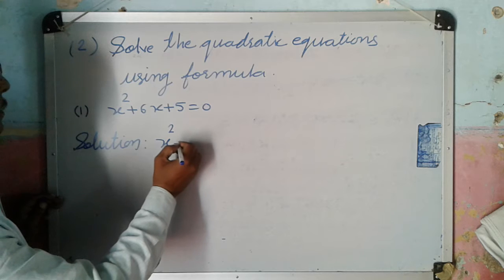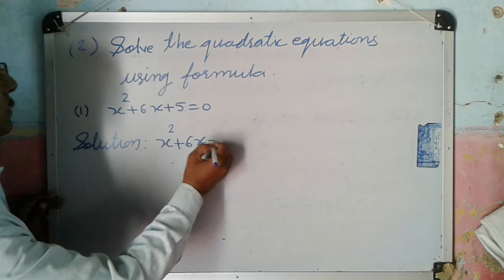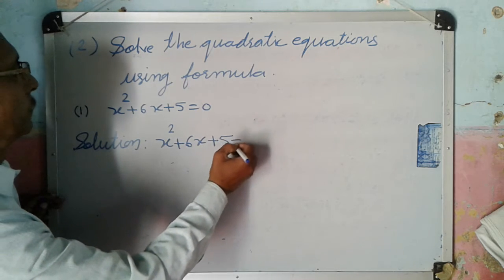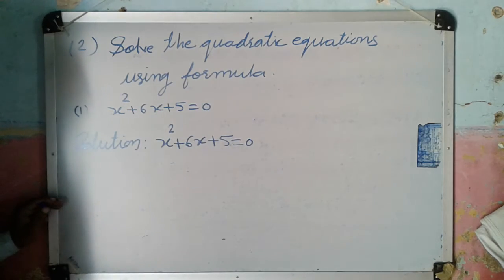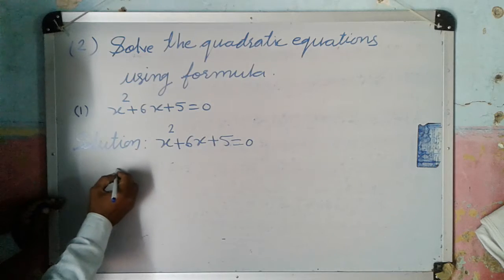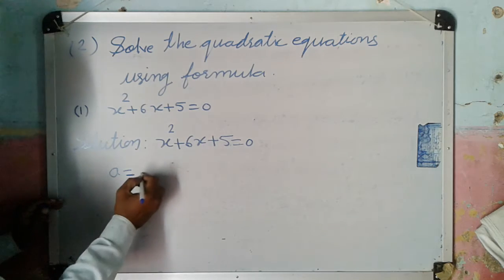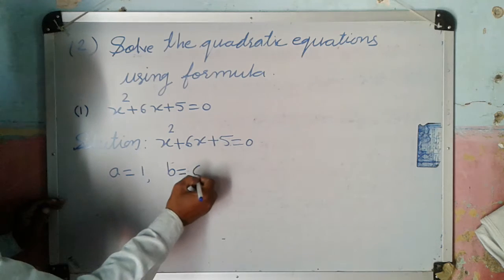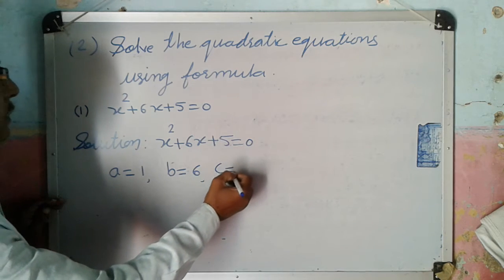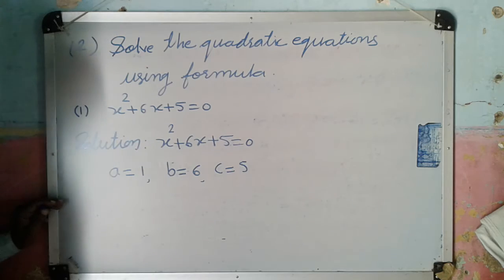Now if we compare this equation to the general form, here we get a is equal to 1, b is equal to 6, c is equal to 5.